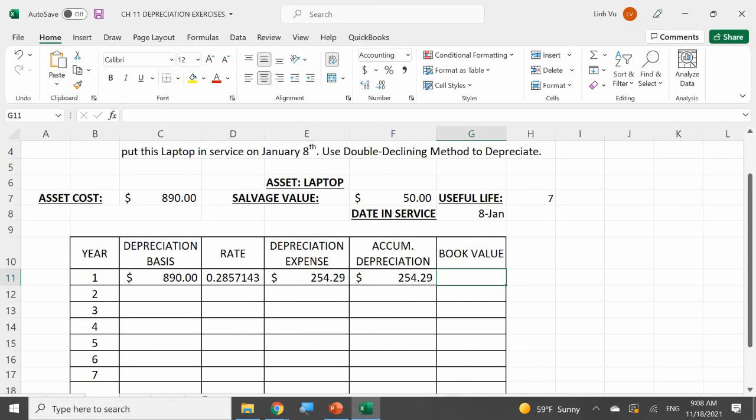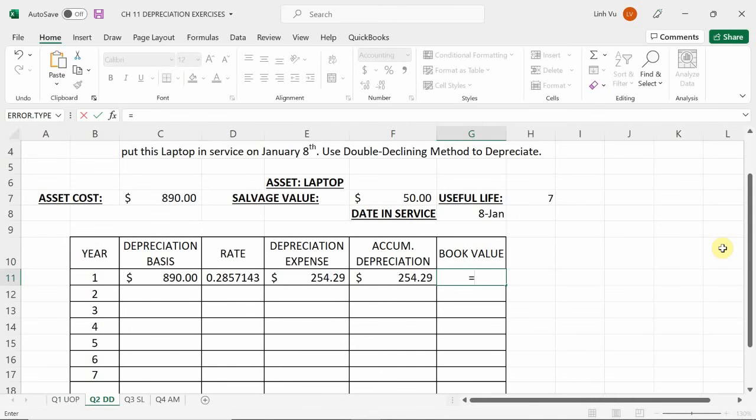So then what's going to be my book value? Quick question. On the other method that we were doing, does it matter whether it was the beginning of the year or not? I don't remember hearing that question. So yes, exactly. Every single depreciation method has a different depreciation basis. The previous one is based on the asset cost minus salvage value.